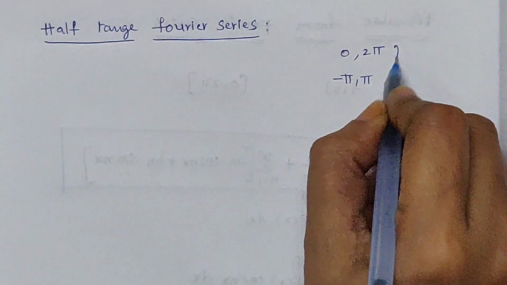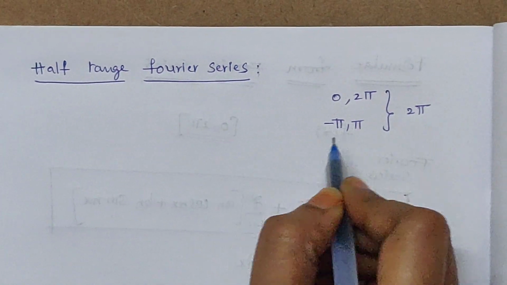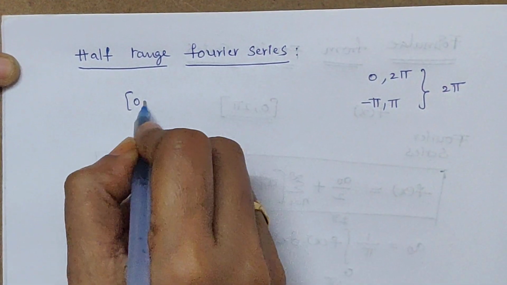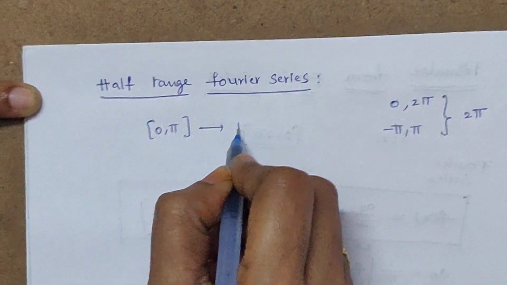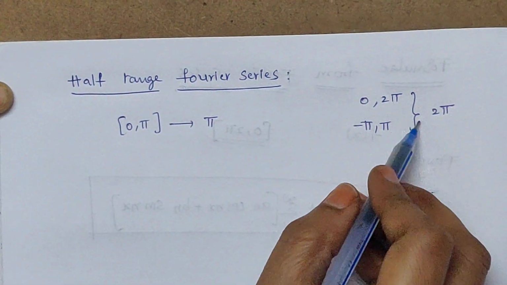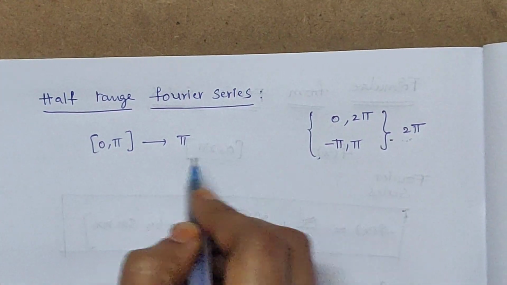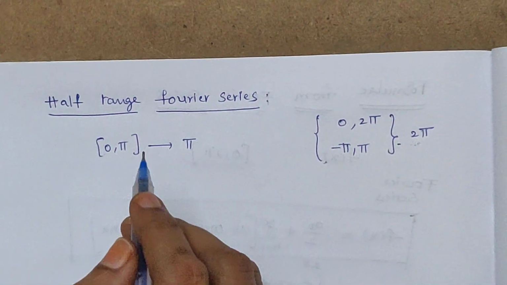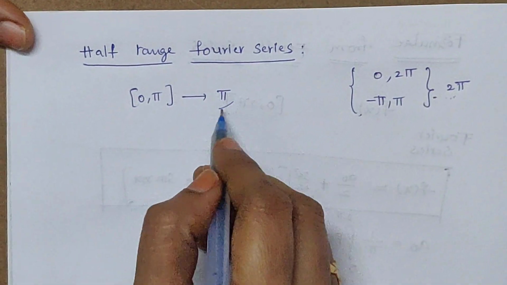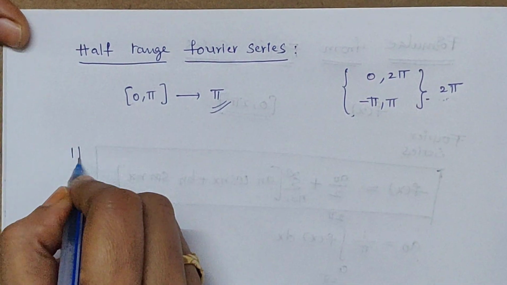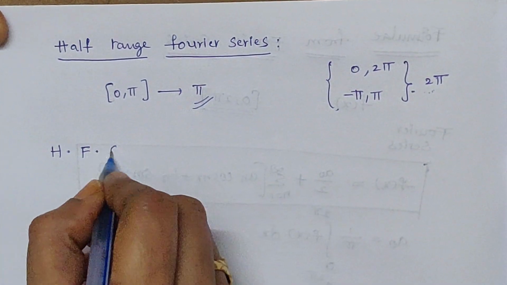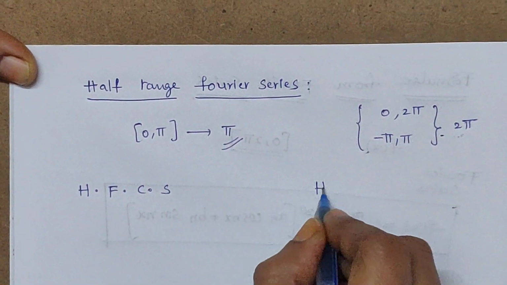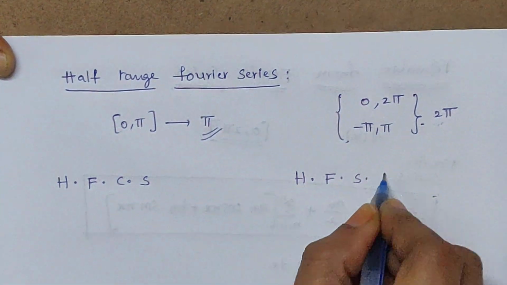The range of these intervals is 2 pi. Now the interval is 0, pi. Its range is only pi, clearly half of the range of those intervals. That's why we call it half range Fourier series. So there are two types: half range Fourier cosine series and half range Fourier sine series.